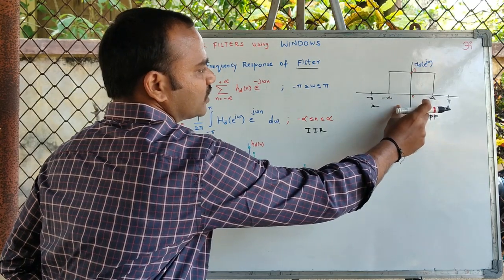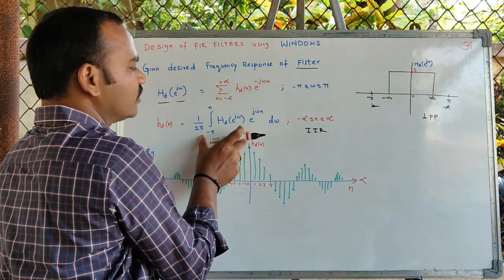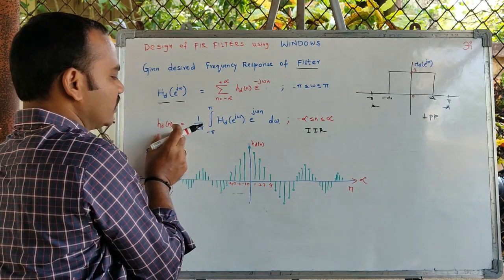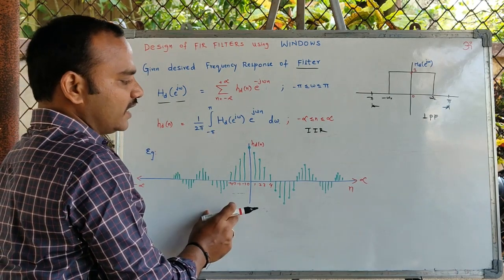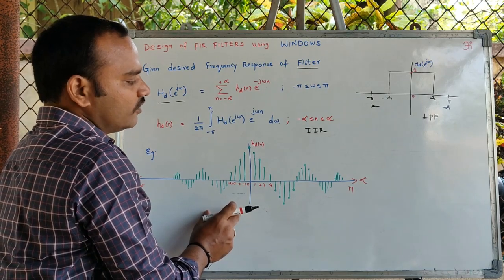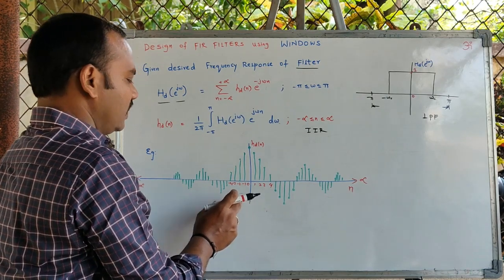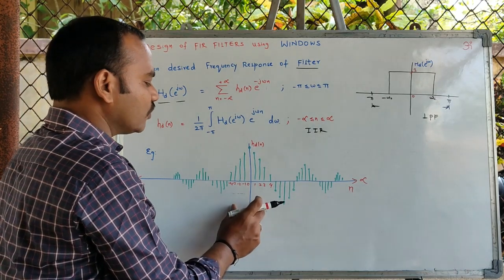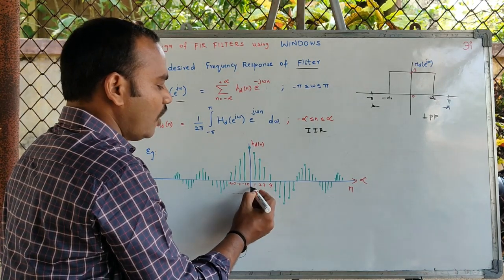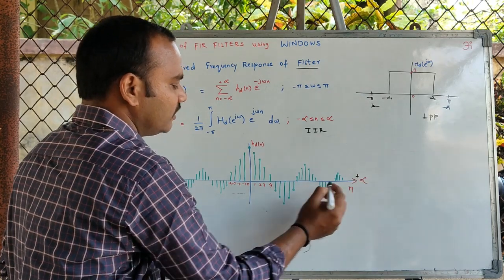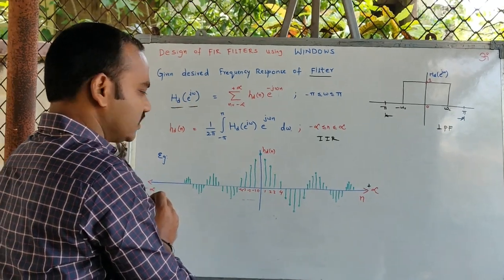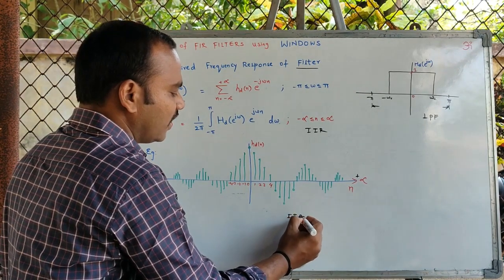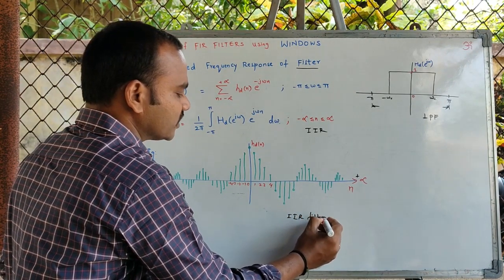If we apply the inverse discrete time Fourier transform and get the filter coefficients, then this is a sample plot of them. We can observe that the filter coefficients extend from the origin to plus infinity and to minus infinity. So these are IIR filter coefficients.